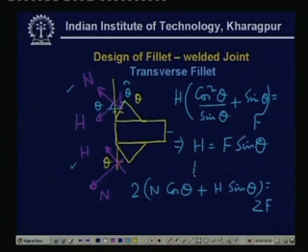Now, n is given by the same formula, that is n by H is equal to cosine theta by sin theta. Therefore, n is F cosine theta. So, this is solved.